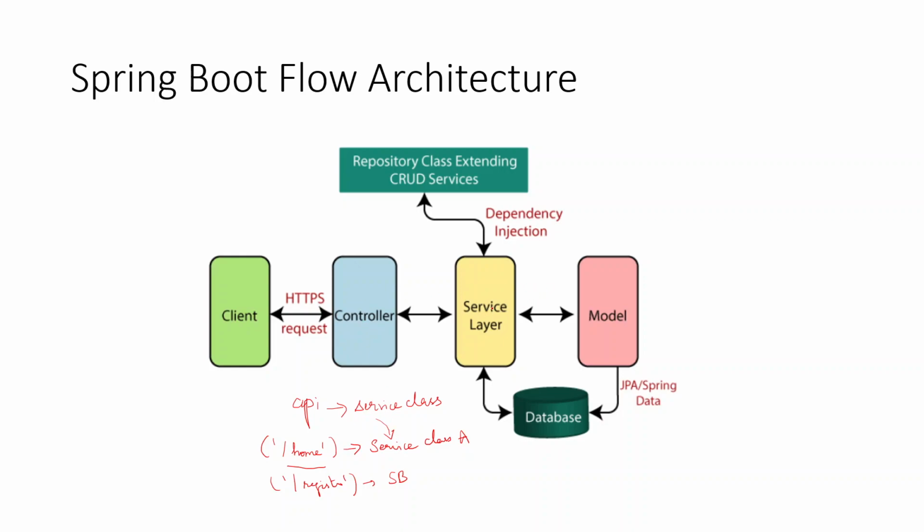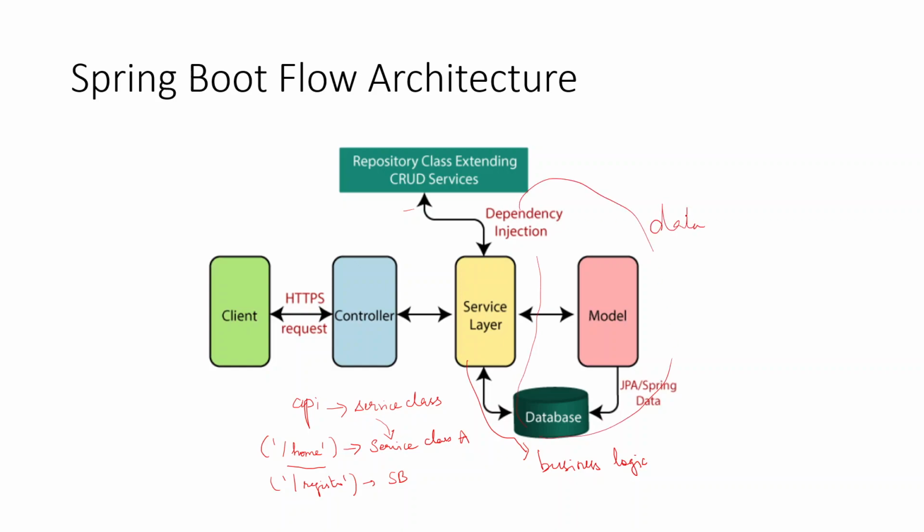Then the service layer is responsible for writing the business logic. It is a purely Java class which implements all the APIs. All the implementation details of each API will be done in your service layer. And the model, database and the repository class extending CRUD services are all used for handling the data.